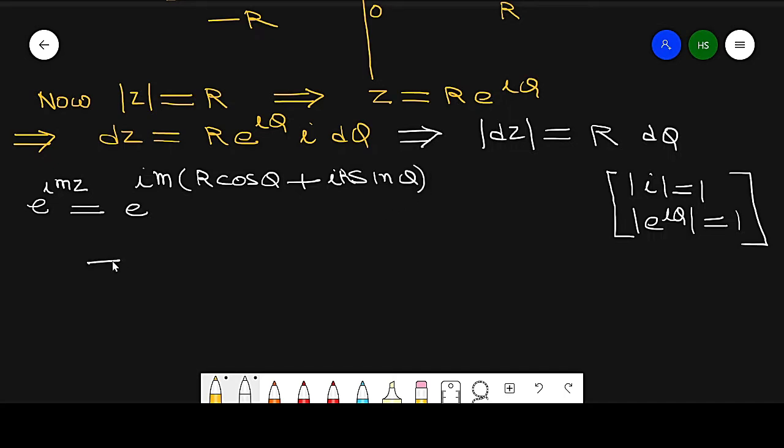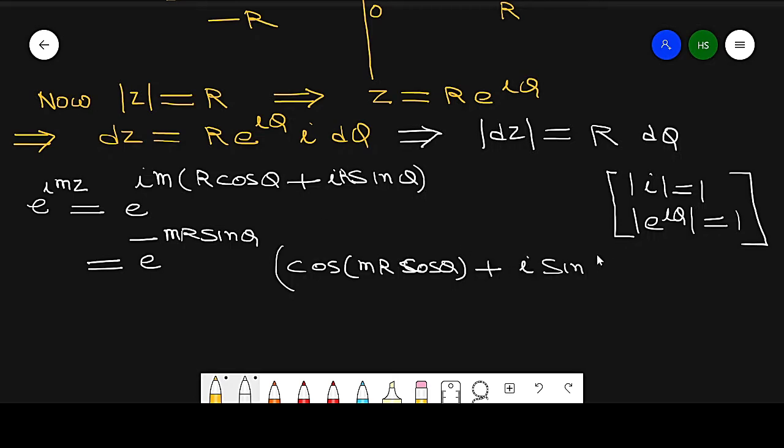So it becomes e raised to power minus m R sine theta, which is a real term, times e raised to power iota m R cos theta. This can be written as cos of m R cos theta plus iota sine of m R cos theta.